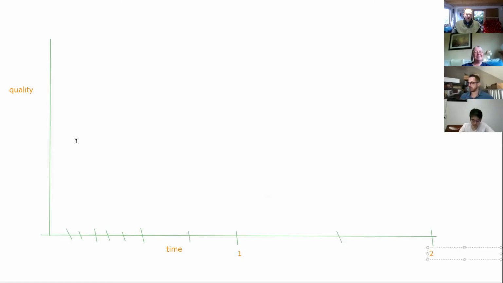Right. Are we okay with that? Okay, so this is quality, this is time, that's 1 year, 2 years, so that's 6 months. These are month gradients, they don't look very monthly, do they?